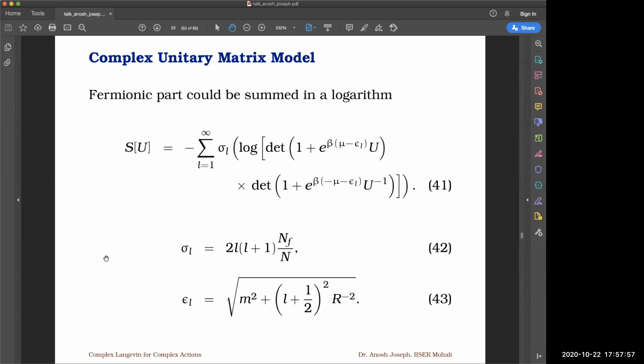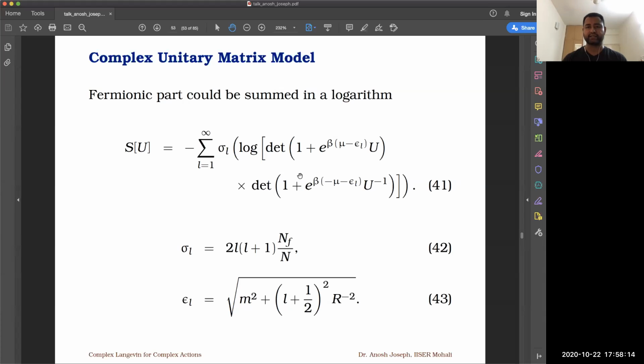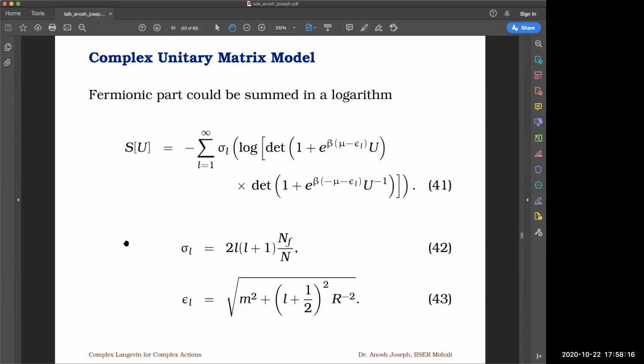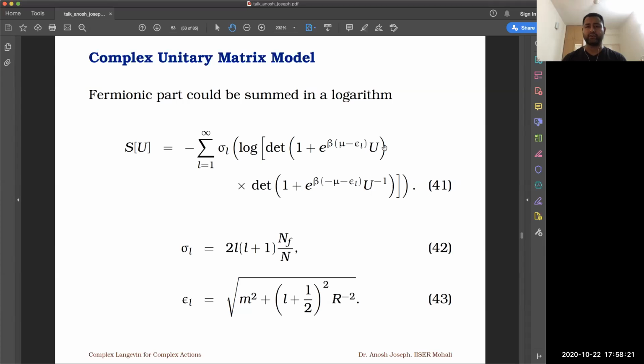For every L you have some energy level, and then you just take the log of the product of two determinants. But because of the U, there is U and U inverse, and U is not equal to U inverse. Okay, now it's clear.